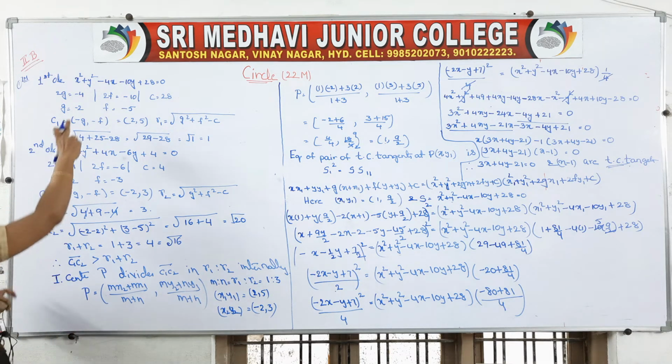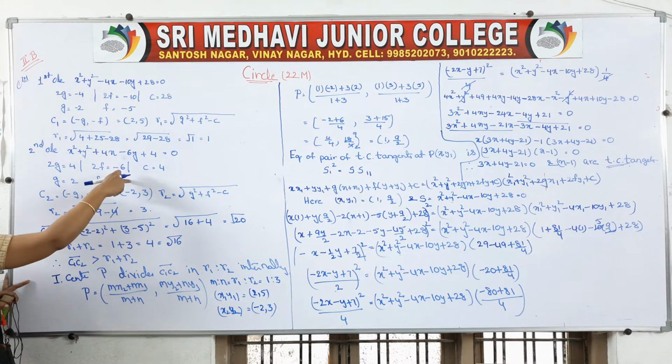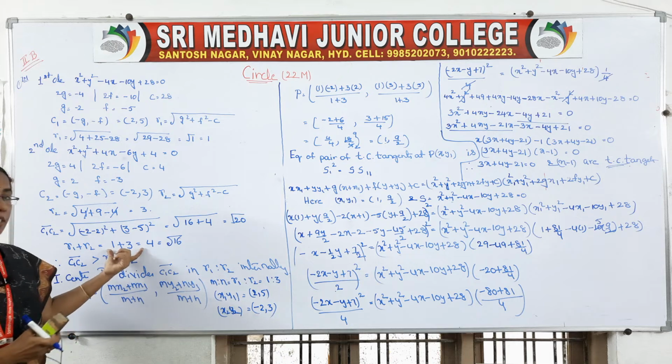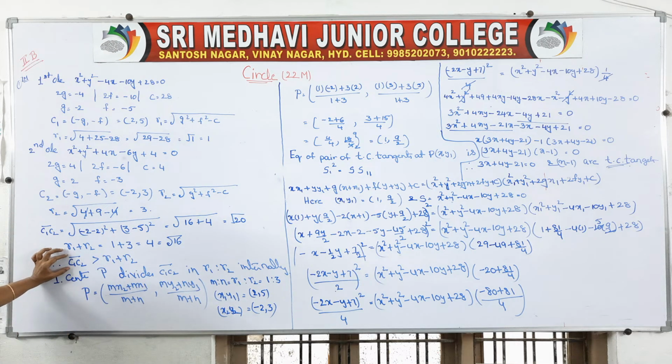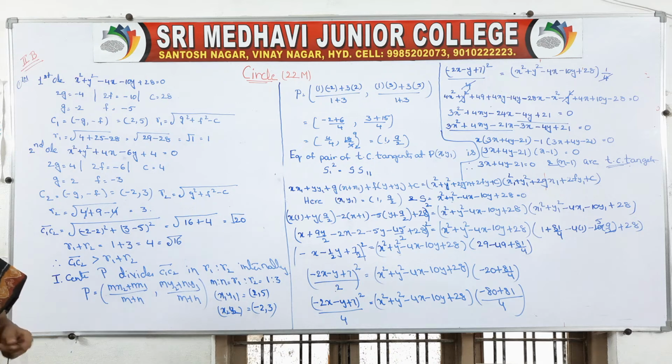So once again, for the first circle you find the center and radius, for the second circle the center and radius. Once we have them, you find the distance between the centers and take R1, R2. Compare: if the distance between centers C1C2 is greater than R1 plus R2, we get two direct common tangents and two transverse common tangents. But the question is to find the transverse common tangents.